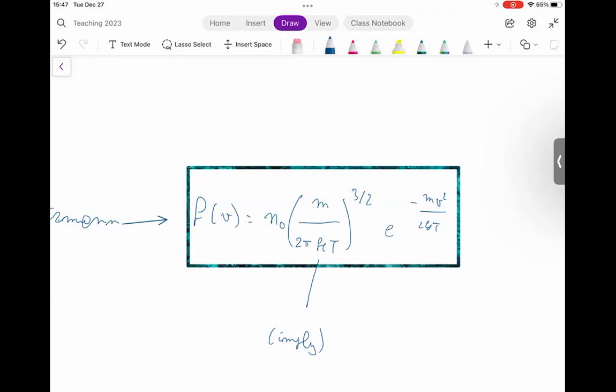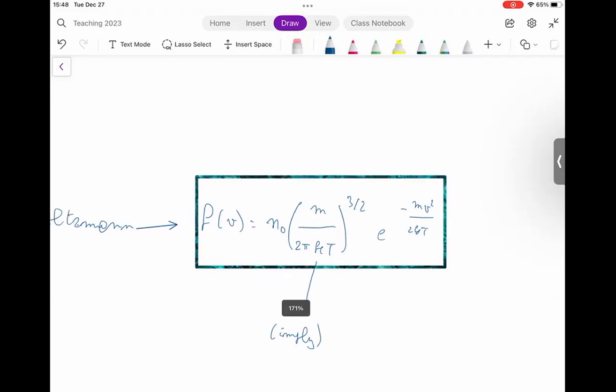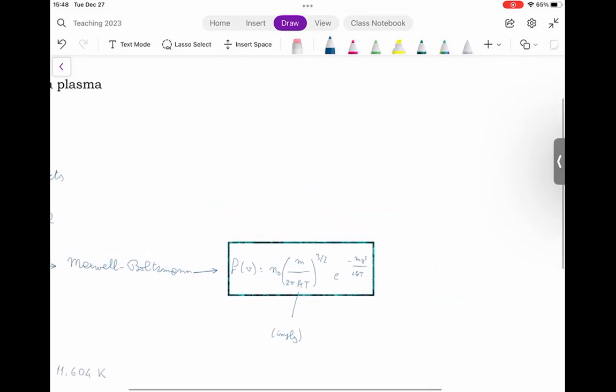Now, in general, things may go differently. And as I said, temperature could depend on the direction, and the Maxwellian itself may depend on the direction of the velocity.